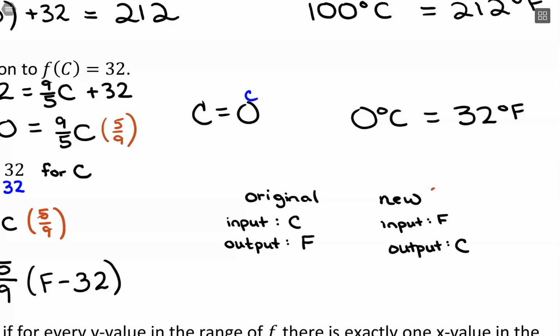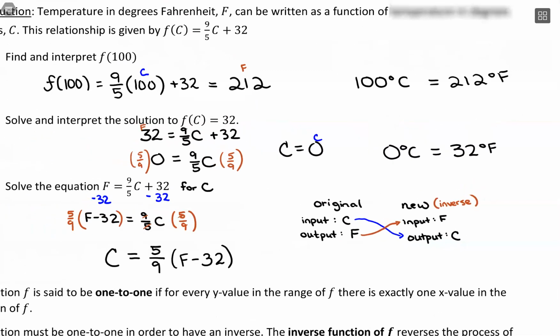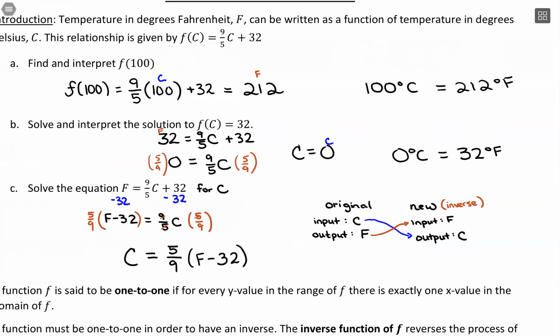So this new function would be called the inverse function of what we started with. Because what we did is we changed the operation so that instead of C being the input, it's now the output, and where the output was Fahrenheit, that is now the input. That switching of what we plug in and what we get out is an inverted function.